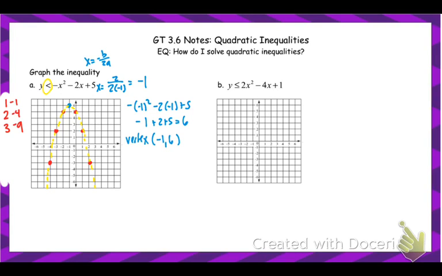What we need to consider, though, is when we shade below, we're looking at below the vertex. Then what we need to consider is what's below the vertex, inside the parabola or outside the parabola. Since what's below the vertex is inside the parabola, I am going to shade inside the parabola. And that shaded area would be my solution here. Let me make that line a little bit clearer.